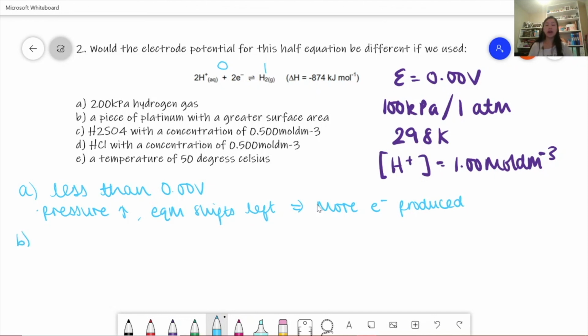For B, if we use a piece of platinum with a greater surface area, this actually doesn't do anything, because a greater surface area increases the rate of reaction, but it'll increase the rate of the forward and the backward reaction by the same amount, and so they cancel out, so nothing happens.